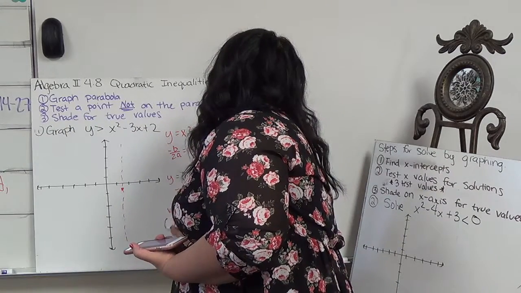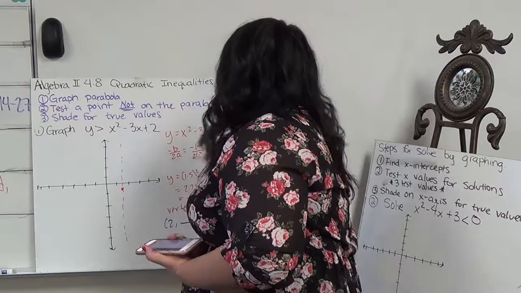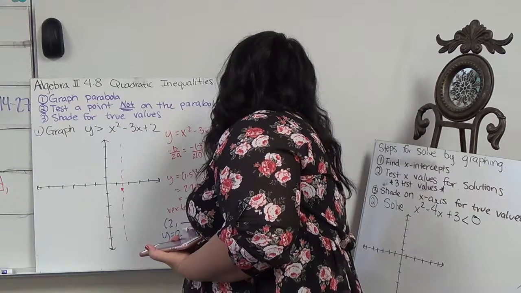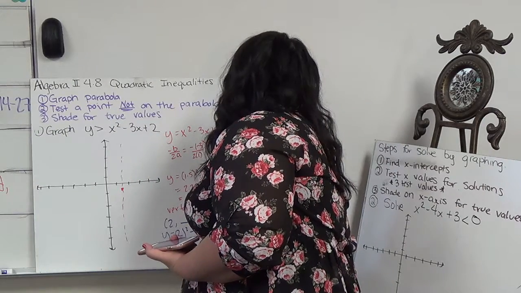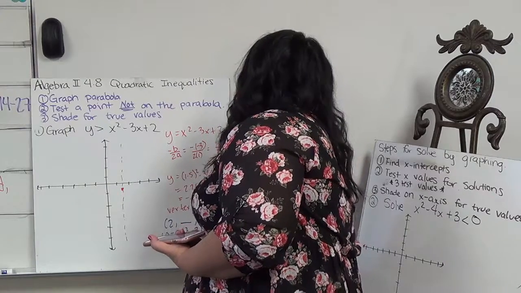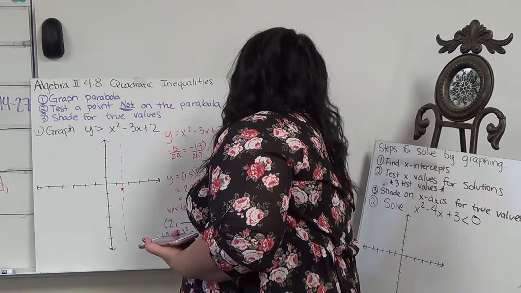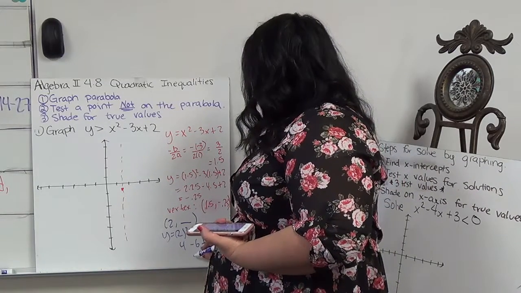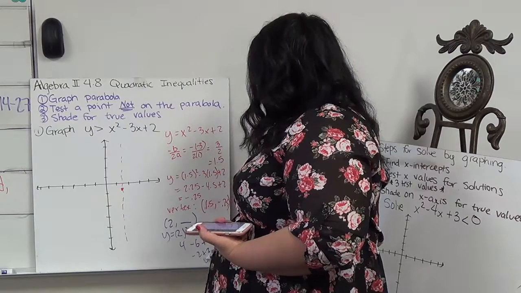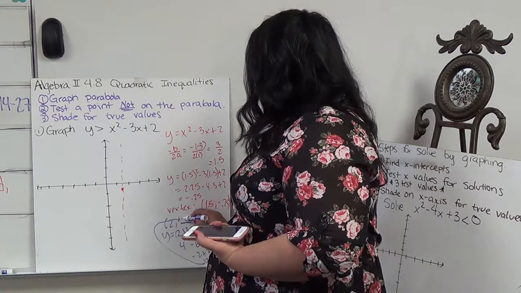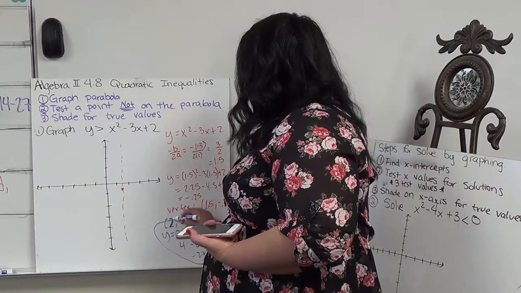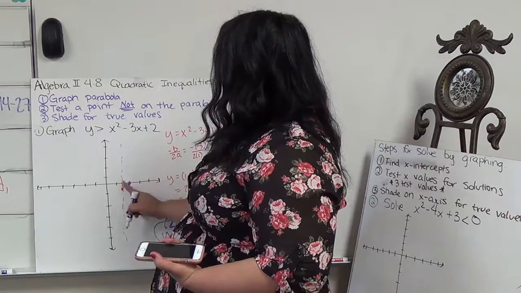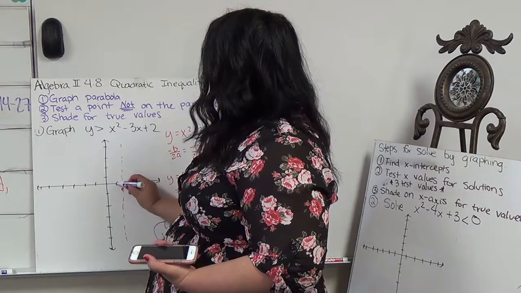So I'm going to do 2, comma, and find my y. y equals 2 squared minus 3 times 2 plus 2. So 4 minus 6 plus 2. 4 minus 6 is negative 2, plus 2 gives me 0. So I have the point 2, comma, 0. That means this is a half away, so I'm going to find the same distance from the axis of symmetry on the other side and put 0.